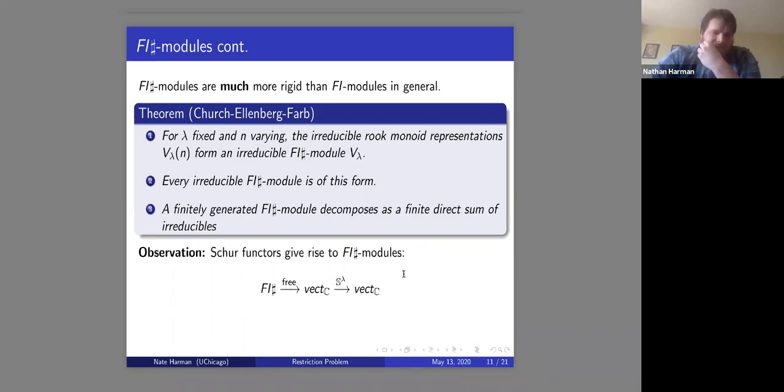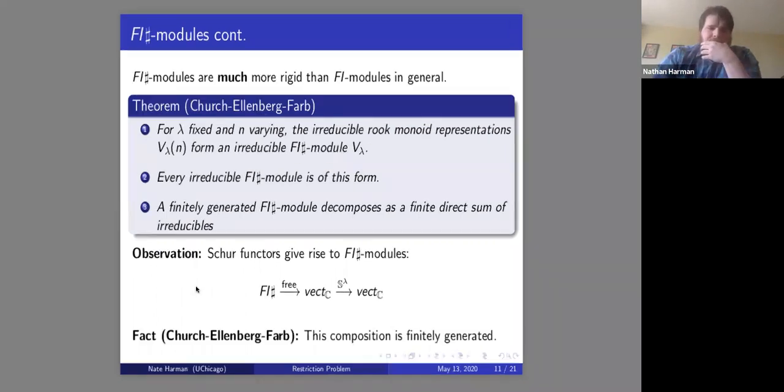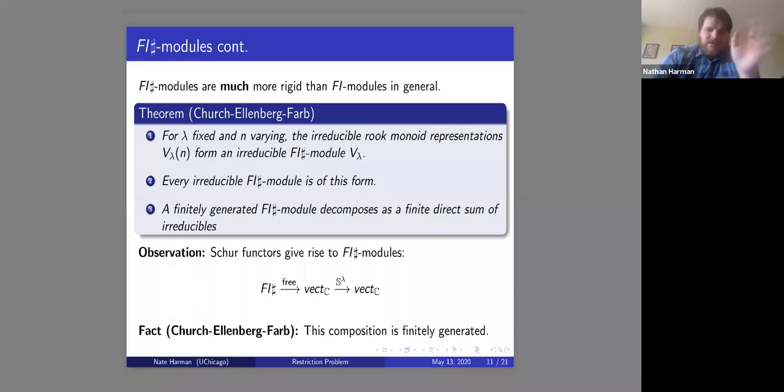So this composition says that our restriction problem, our Schur functors, we can restrict them to FI sharp modules. So we see this very strong form of stability. And the composition being finitely generated is a fact that you need to check, but it's in the original Church-Ellenberg-Farb paper.